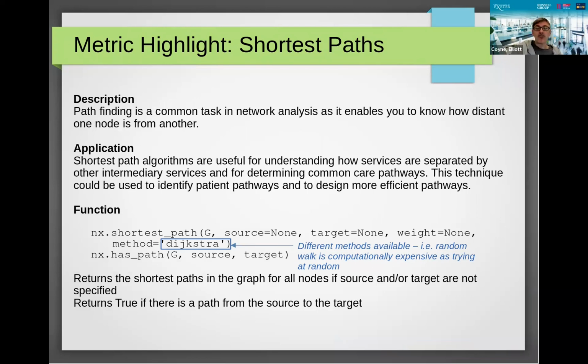The shortest path algorithm is really useful in understanding how services are separated by other intermediary services and determining the common pathways.